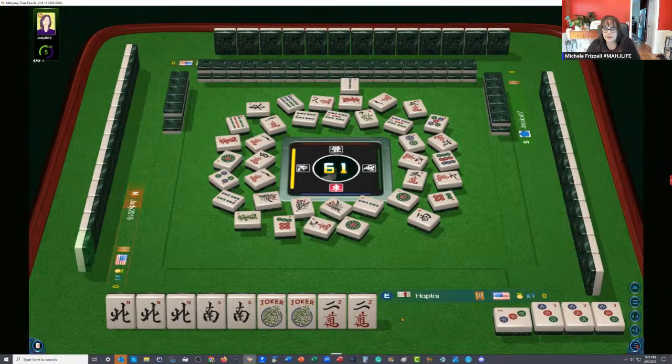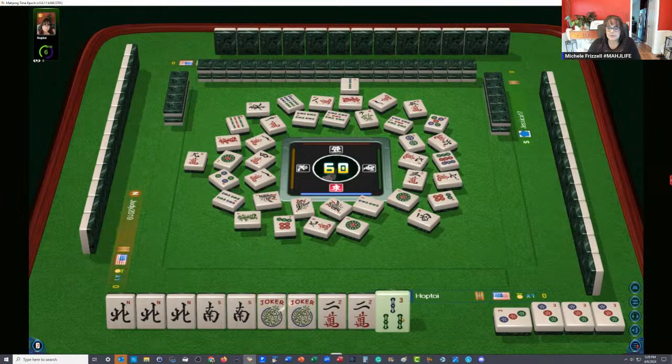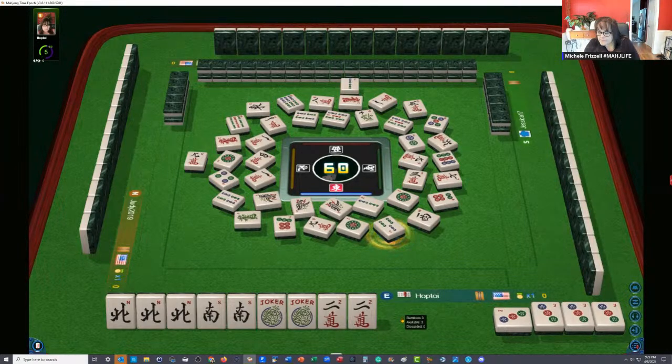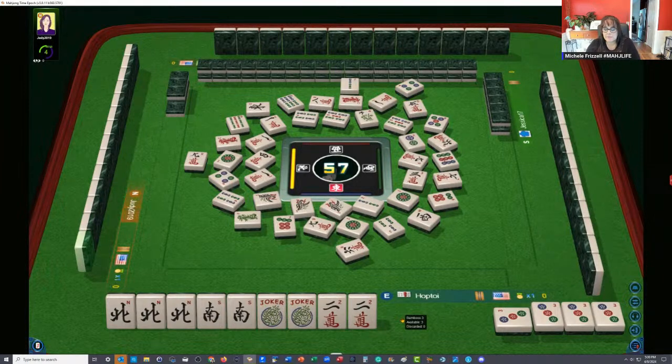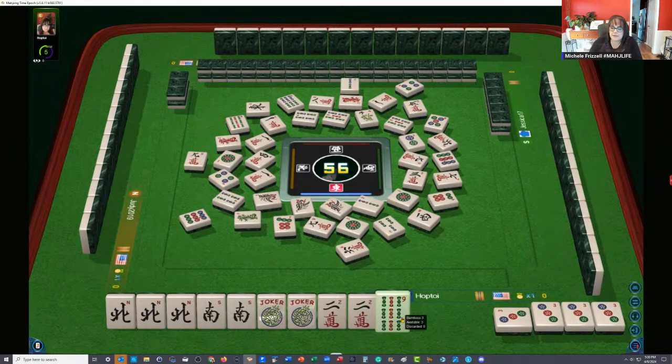Oh, we want a 2 crack. 9 characters. 3 bamboos. 6 characters. 4 dots. Okay, our turn's coming up. Keeper would be nice. 9 dots. Oh, 9 bam. 9 bamboos.